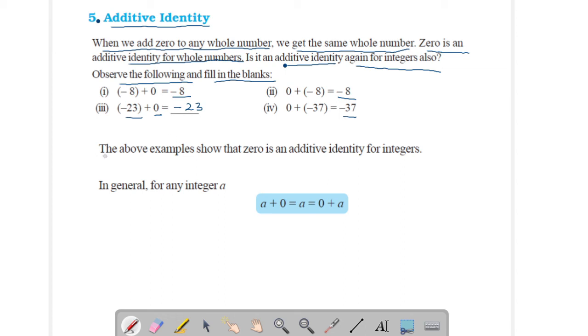So the above examples show that 0 is an additive identity for integers. That is, if we add 0 to any integer, the integer remains the same. In general, for any integer a, a plus 0 equals a equals 0 plus a.